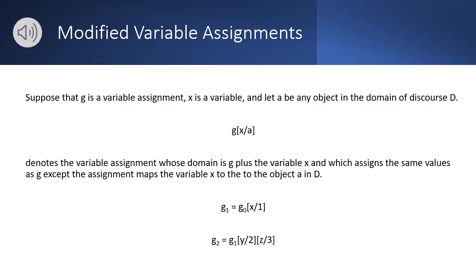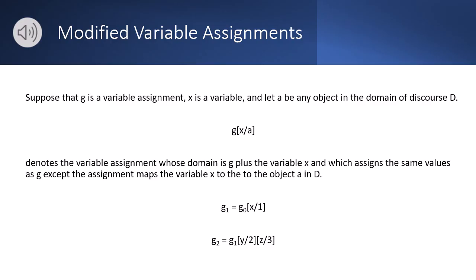Now, just to use this notation on a couple of the variable assignments that I defined on the previous slide, if we look at, for example, G0, remember that was the variable assignment that had no variables in the domain. Well, if we add to its domain the variable X, and we stipulate that it must be mapped to 1, which is what you're seeing on that first line down there, what you get back is the variable assignment G1, the assignment that takes the variable X to the number 1.